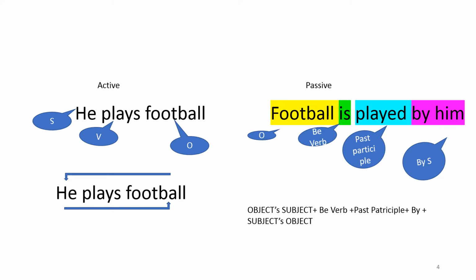Then we have the be verb is. Then the past participle of the main verb play, that's played. Plus we have added by plus him. So that's the passive form. This is the basic rule of how the subject and object get replaced.